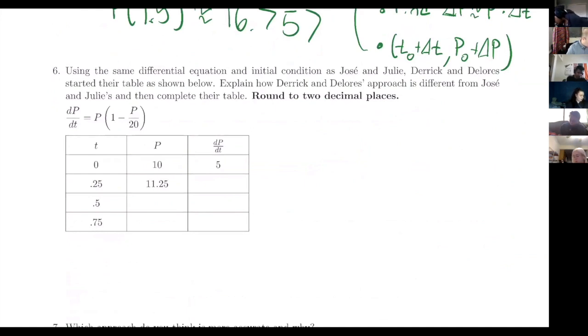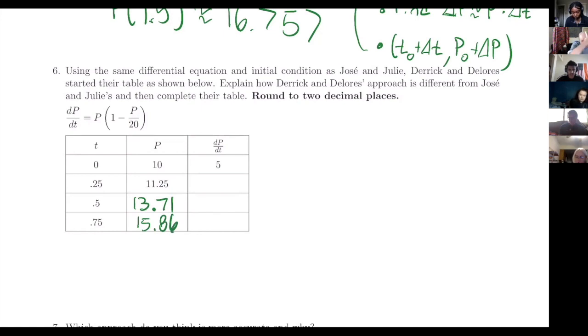Does somebody want to take the mic and help me finish up this table for number 6? I guess I can go. Okay, thanks. So for the P column, I got 13.71 and 15.86.